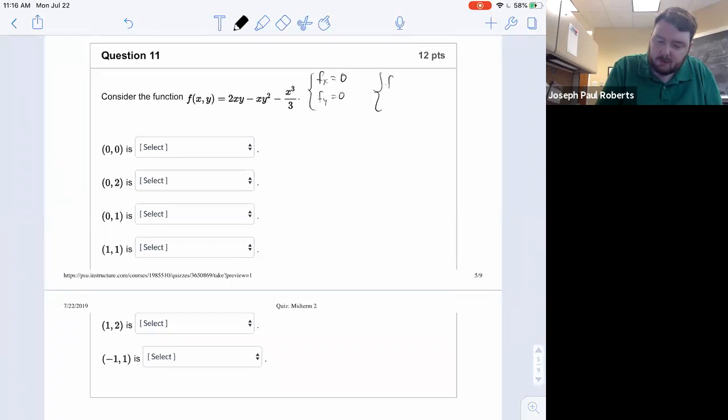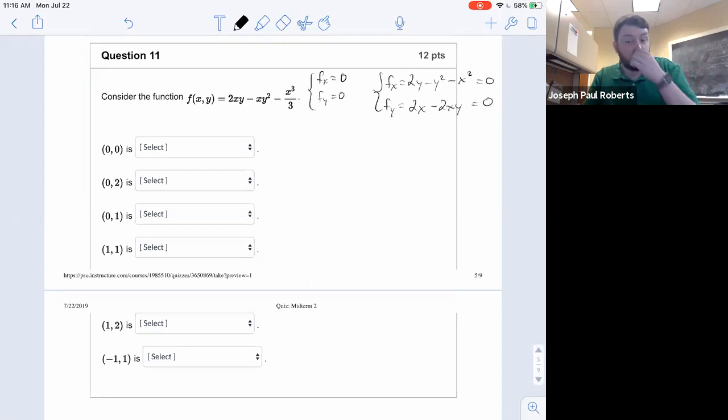So we get that f_x is 2y minus y squared minus x squared. And then the y partial is 2x minus 2xy. And whenever we're looking for critical points, we need both partial derivatives to be 0. So the way I like to do this then is deal with the simpler equation first.